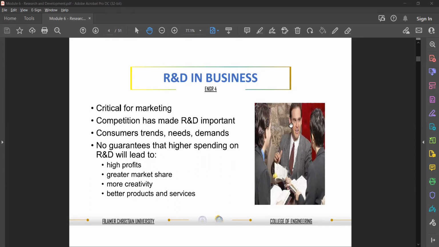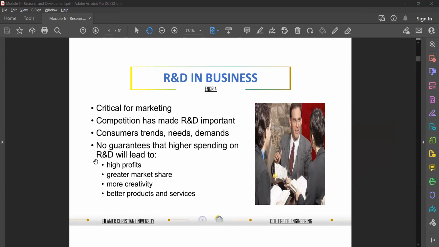So let's say Samsung, mga smartphone, di ba? Samsung, Apple, Vivo, Oppo. And consumers' trends, needs, demands. So ano ba yung trending ngayon? Ano yung trending na smartphone ngayon? Ano yung kailangan ng consumer? Ano yung demand nila?